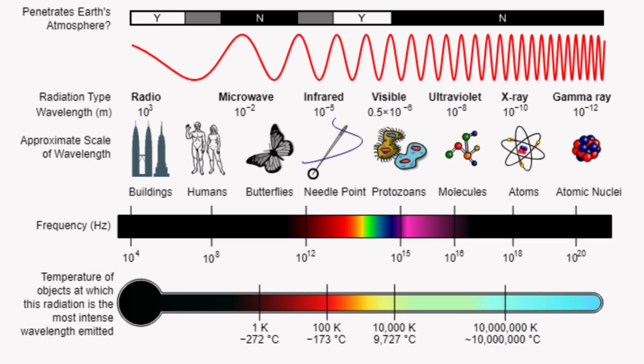Basically, radio waves are just another type of wave on the electromagnetic spectrum. Unlike visible light, radio waves have much longer wavelengths and lower frequencies. Visible light wavelengths range from about 400 to 700 nanometers, which is incredibly tiny. In contrast, radio waves have much longer wavelengths, ranging from about 1 millimeter to several kilometers.